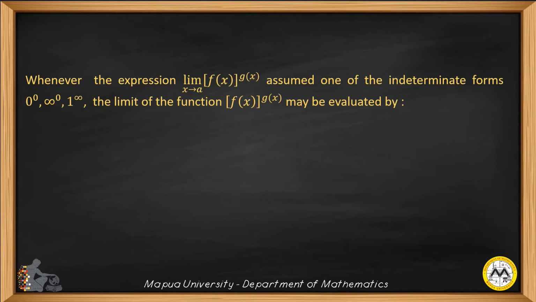Whenever the limit of f of x raised to g of x as x approaches a assumes one of the indeterminate power forms, 0 raised to 0, infinity raised to 0, or 1 raised to infinity, the limit may be evaluated by doing the following steps. First, the function f of x raised to g of x is represented by a variable y, or by some other variable of your choice.